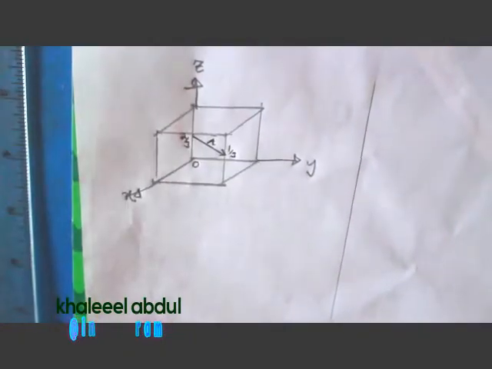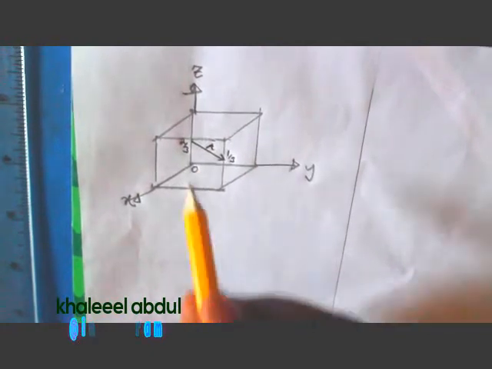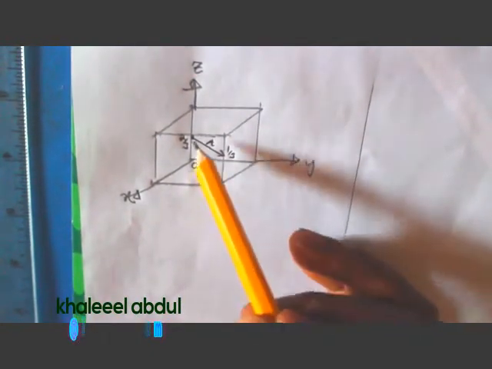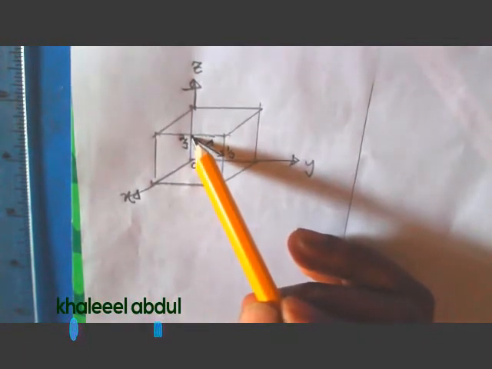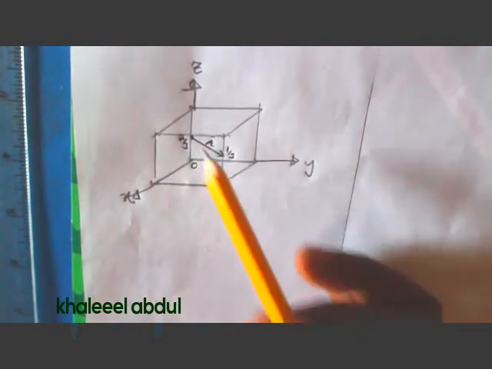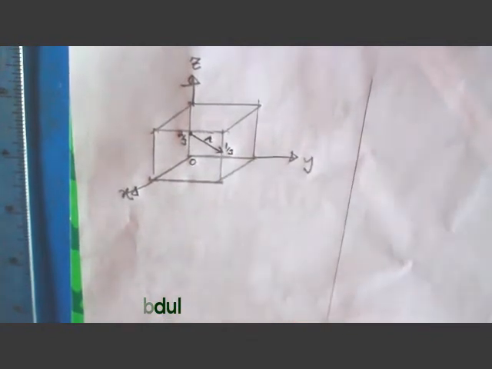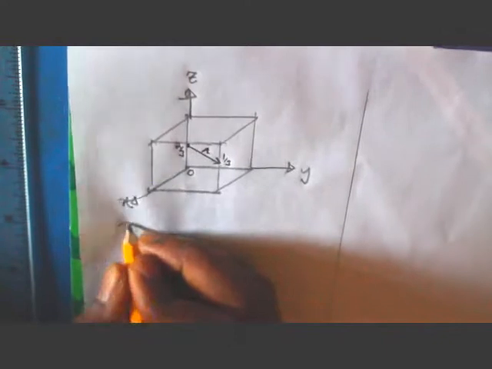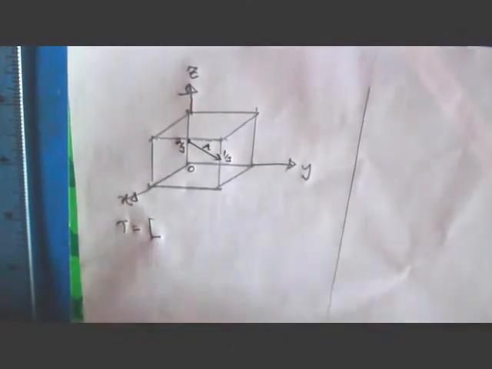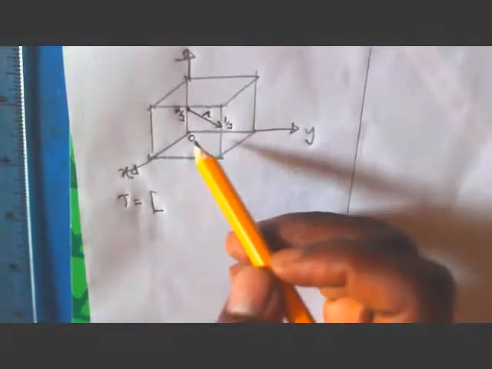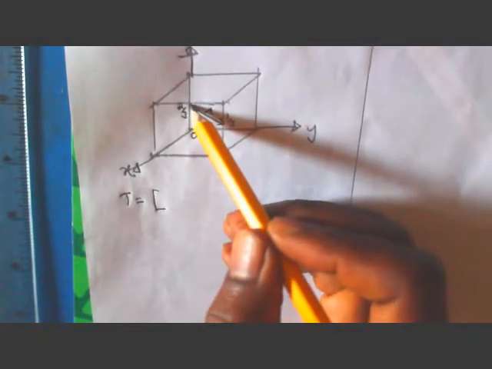For you to find the direction, here is the tail and here is the head. To get the direction of the tail, it has nothing to do with the head. So let's start with the tail. Here is our tail.